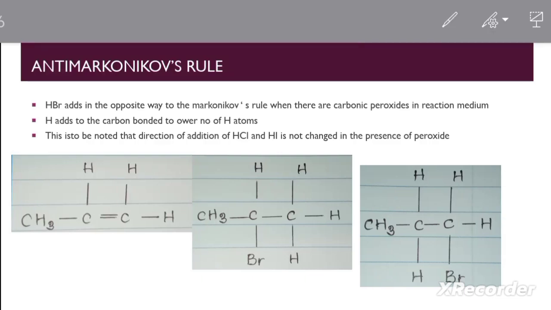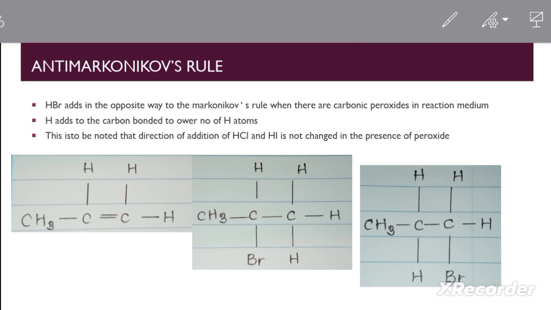And in anti-Markovnikov's, HBr adds in the opposite way to Markovnikov's rule. In Markovnikov's rule, we know that hydrogen goes to the place with more hydrogens. But in anti-Markovnikov's rule, this happens in the opposite way.